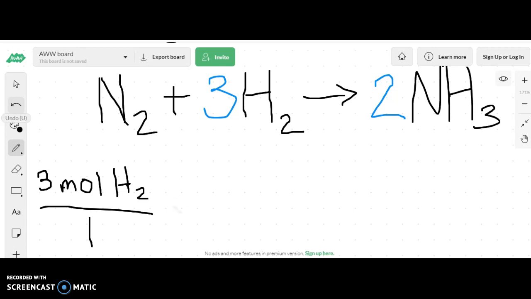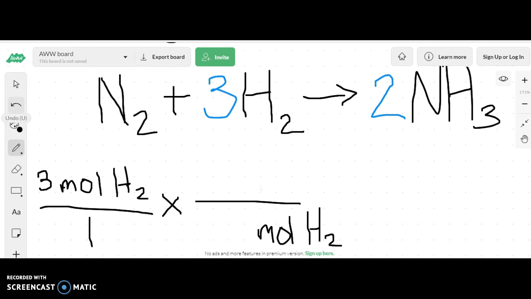Then we want to multiply to get rid of units. How we're going to do this is, whichever unit you begin with, on the top or bottom, you want to put it on the opposite side. Since this is on the top, we're going to put it on the bottom. So I'm going to put moles of hydrogen on the bottom. And then on the top, we want what we're headed towards, which is ammonia.